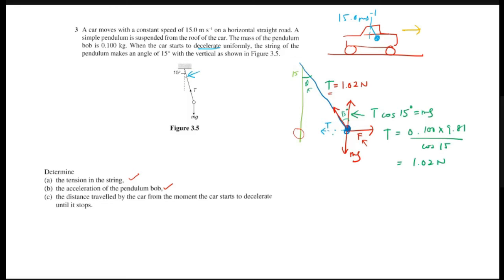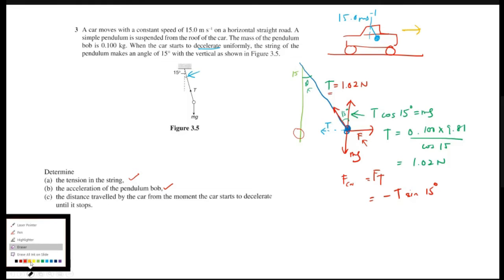So if we make the force by the car equal to the force of the tension, then we have here negative T sine 15 degrees, and this one is equal to ma.